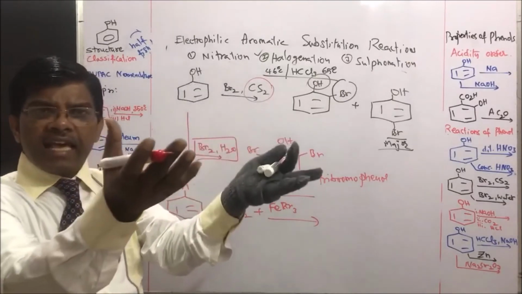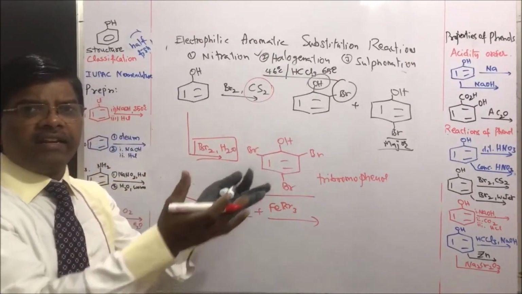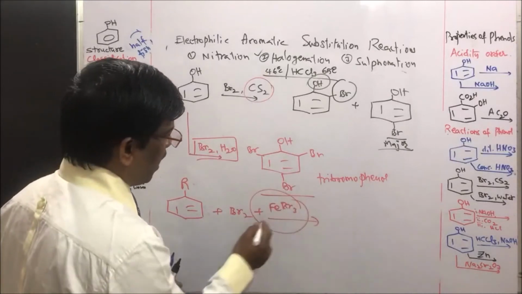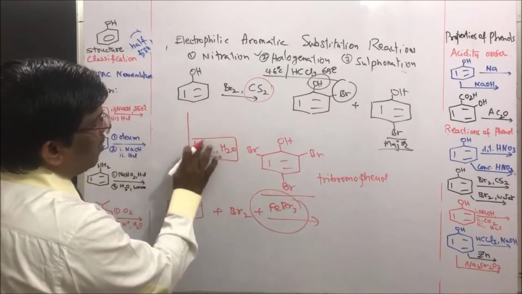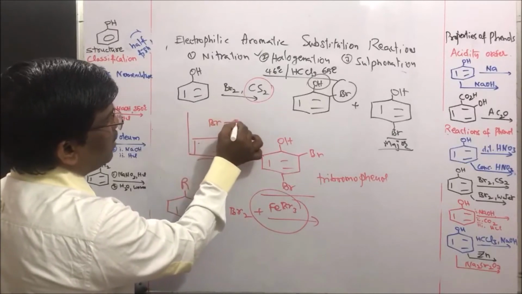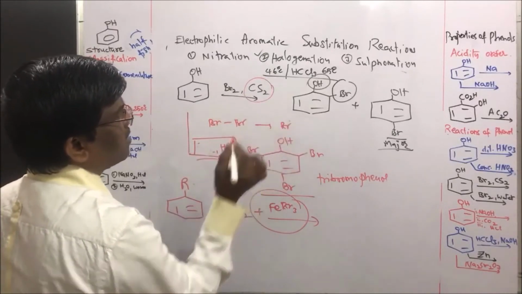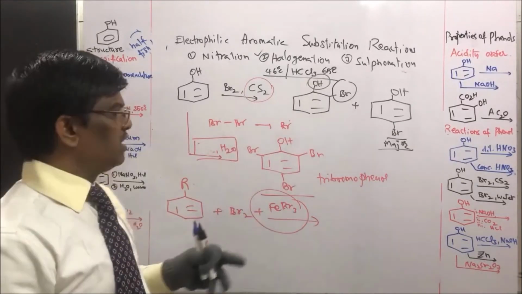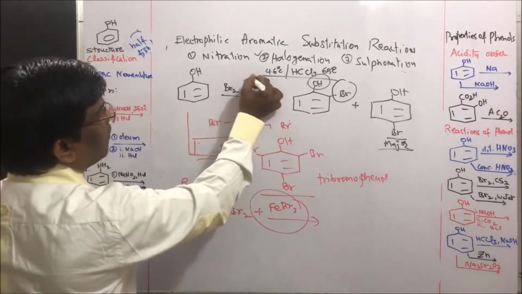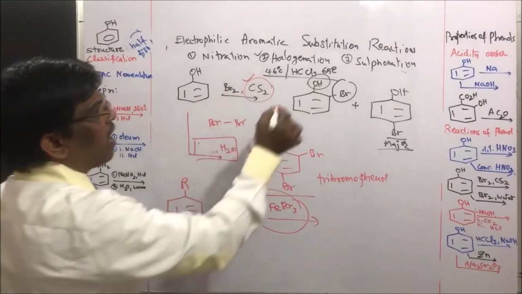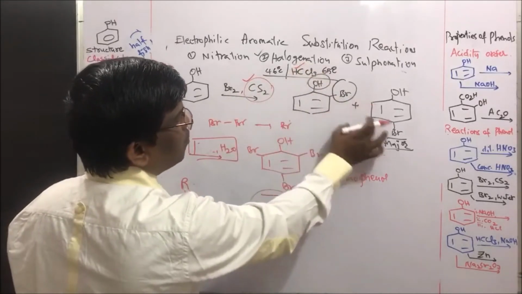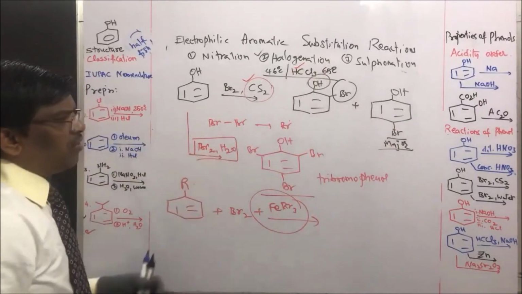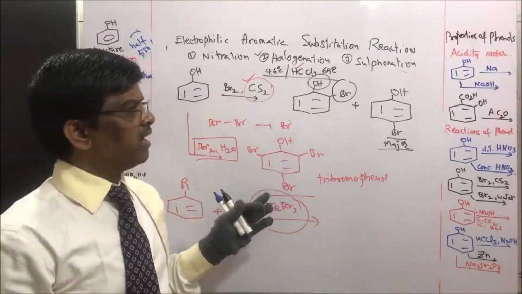It welcomes the electrophile without ferric bromide, and phenol itself makes this bromine into an electrophile. That is why you may not find ferric bromide on the arrow. So it is solvent dependent: carbon disulfide or chloroform gives the monobromo compound, and bromine in water gives tribromophenol.